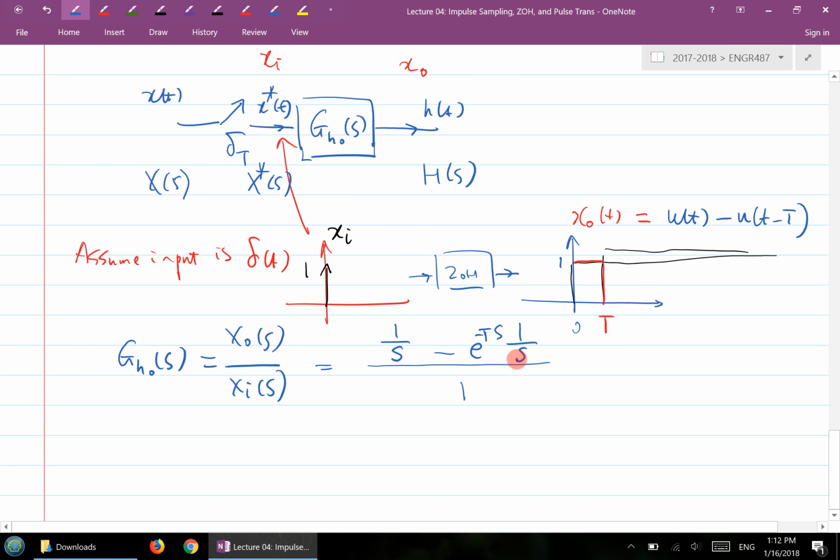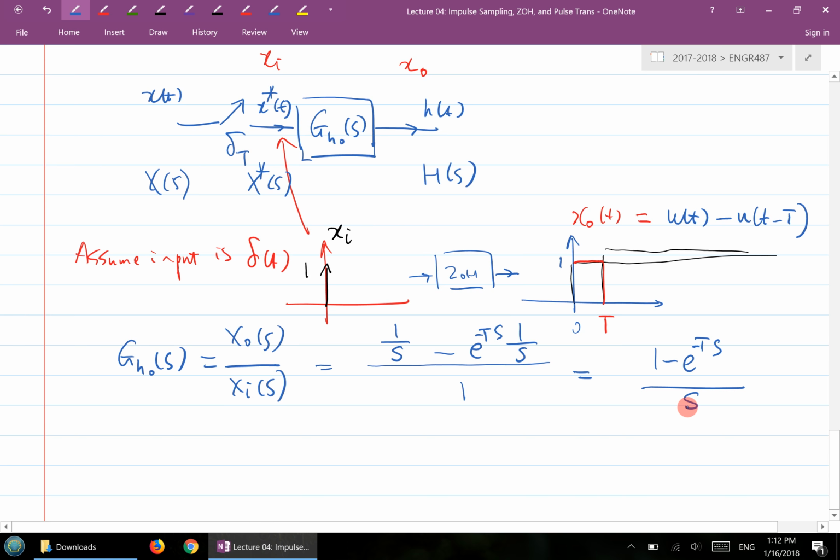So that's your overall G_h0 of s, which is the zero order hold. With a little bit of simplification, you get 1 minus e to the power negative Ts, over s. This is your mathematical expression, or Laplace transform, for the zero order hold.